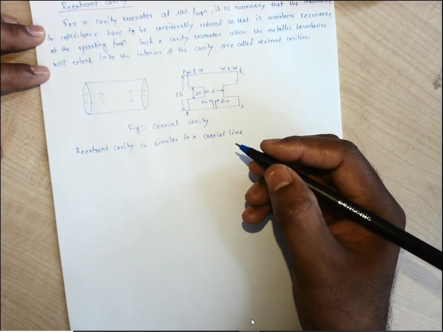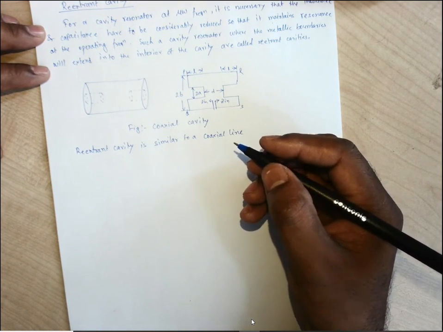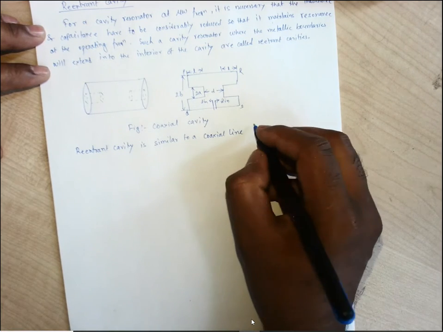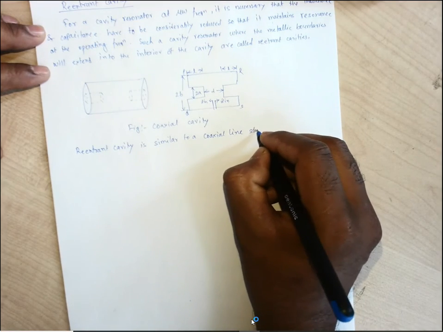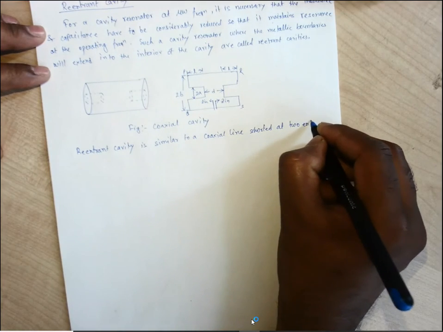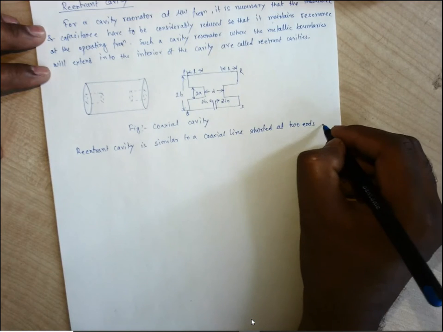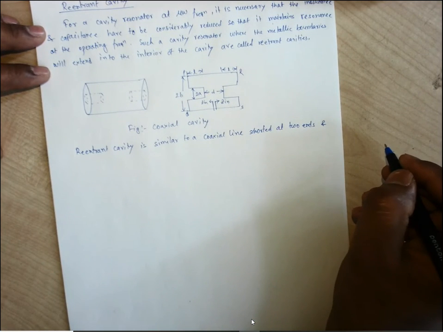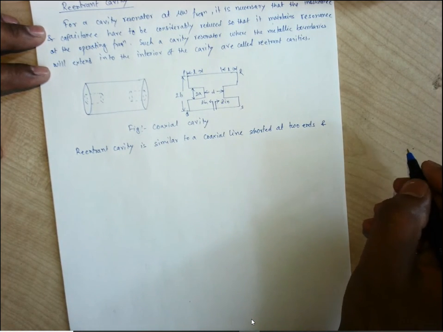Coaxial line which is shorted at two ends and joined at the center by a capacitor.